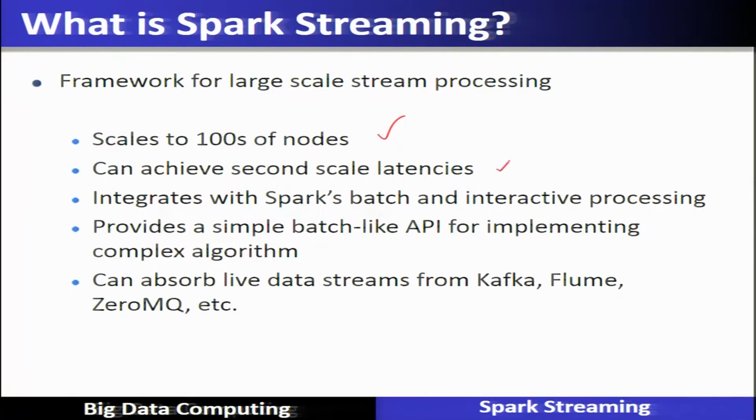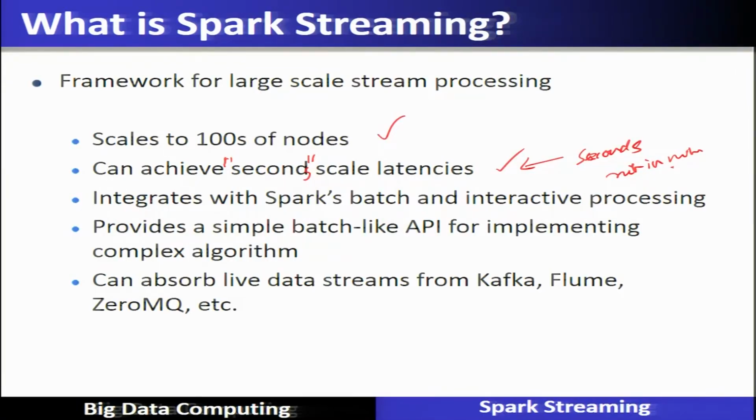It can achieve second-scale latencies, that means latencies are to be in the scale of seconds, not in minutes or hours and so on.